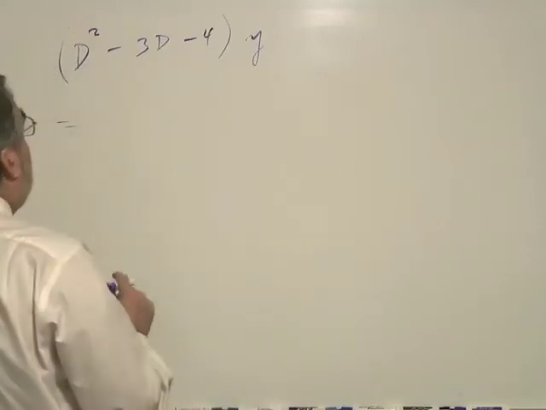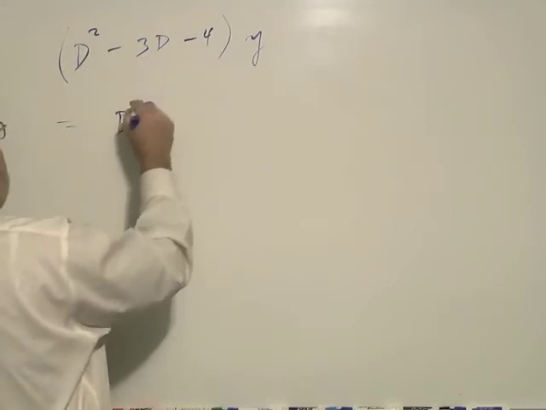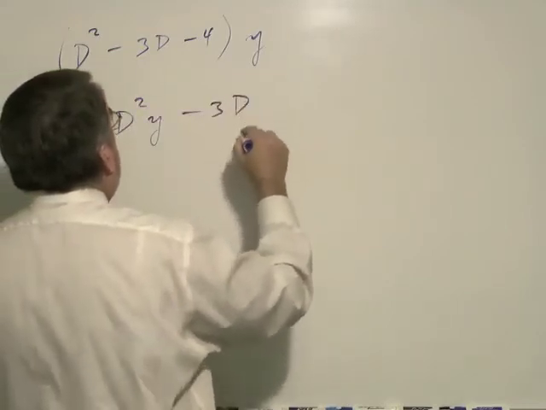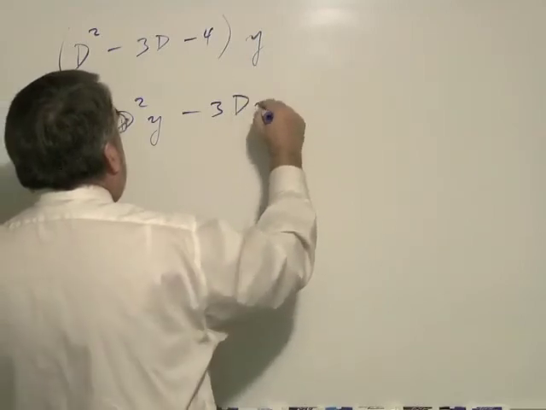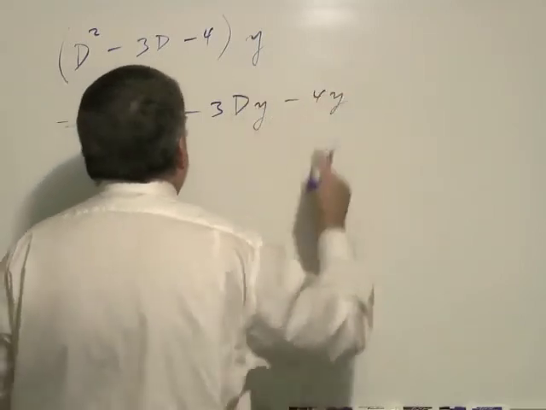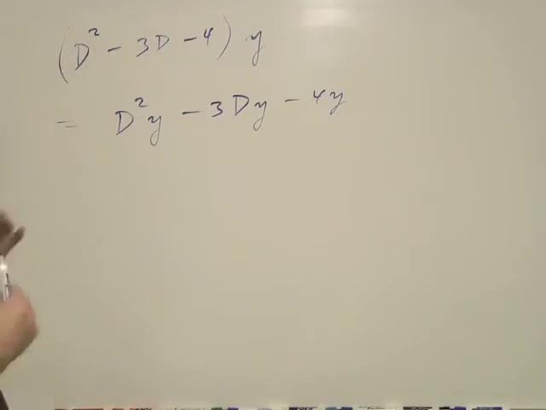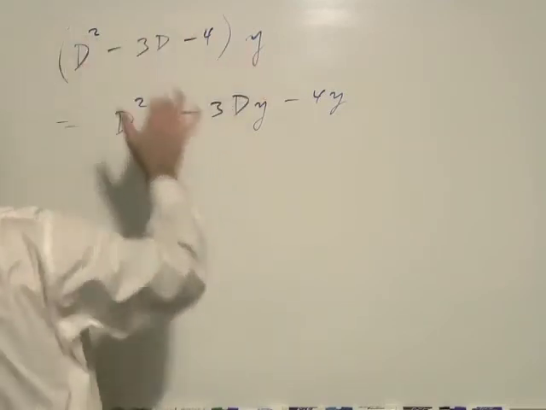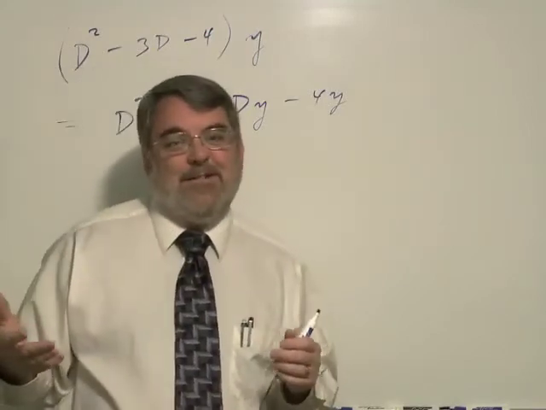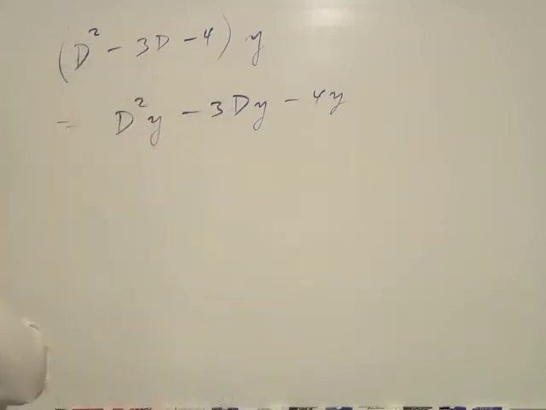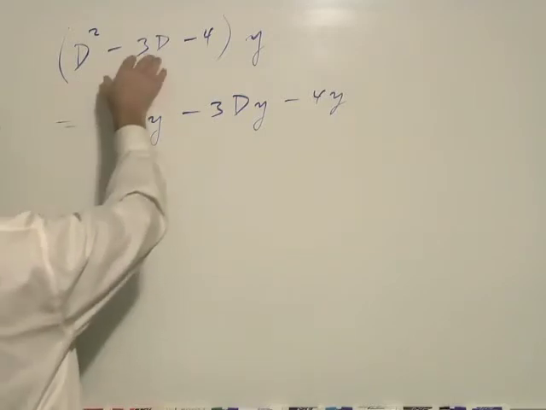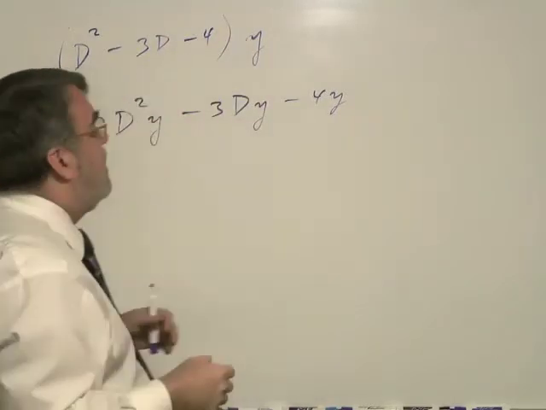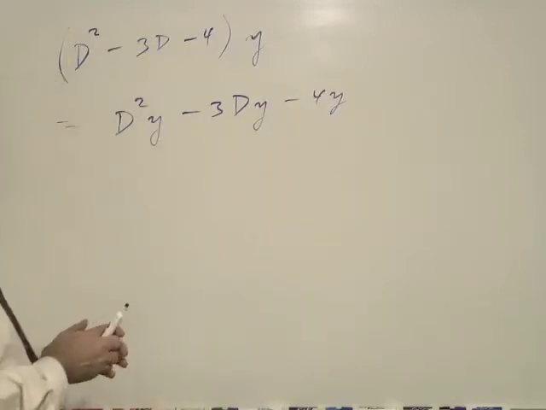In any event, we can write this as D squared operating on y, minus 3 times the differential operator operating on y, minus 4 times y. So in a sense, there are theorems that would support this distribution of the function throughout the polynomial operator. If you interpret this as the second derivative minus 3 times the first derivative minus 4 times the function, then that's exactly what you get.